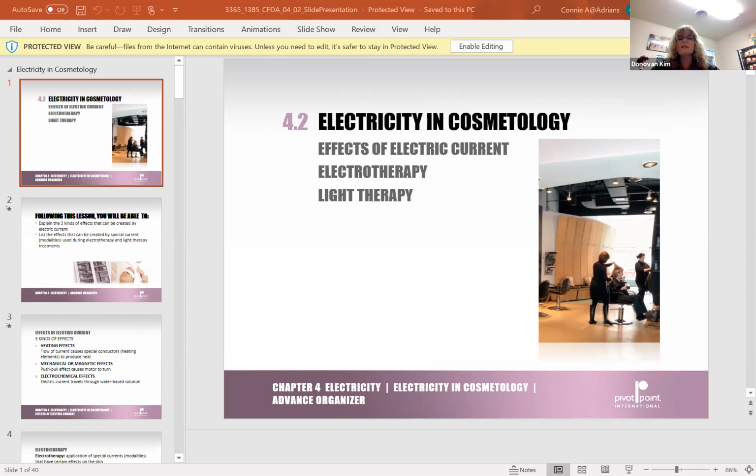There's different ones that you could be using, but what they do is you plug it into the wall, so it's 120 volts, but the apparatus itself has a converter on there that makes it safe for you to actually touch the client with it or touch it yourself, because we need to know that.